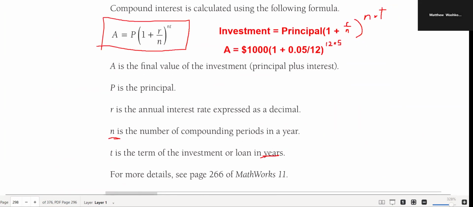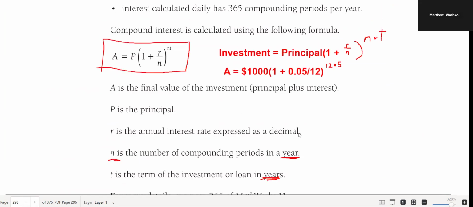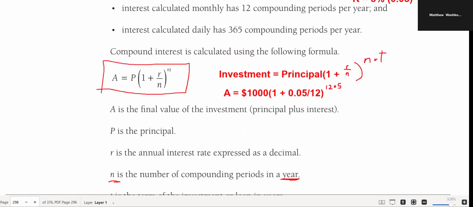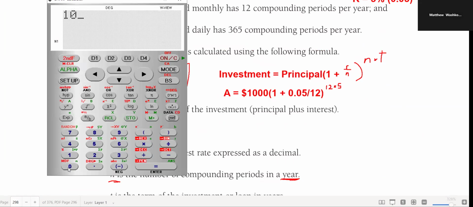Sorry, important to know, in years. This is what I would put into my calculator. So if I give you $1,000 as a loan, you put it in exactly like this. Again, you need to use fractions or you're going to get hilariously wrong answers. It matters for this unit. I know some of you have been trying to round it to 3 or 4 decimal places. You cannot do this here. It will blow up in your face.